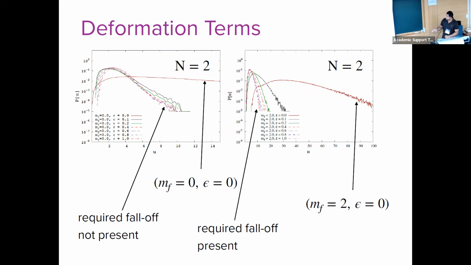Here, the required fall off is achieved in this region, for MF equal to 2 and epsilon greater than something. Green is 0.2. For epsilon equal to 0 and MF equal to 2, the fall off is not achieved, so we cannot trust this data and we throw it away. We take only the data corresponding to this.